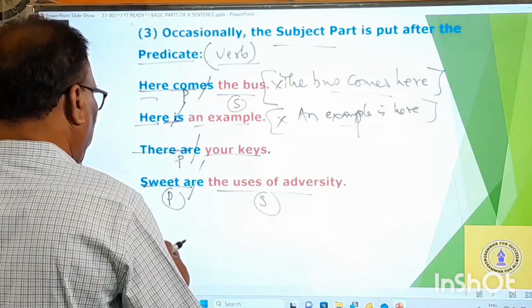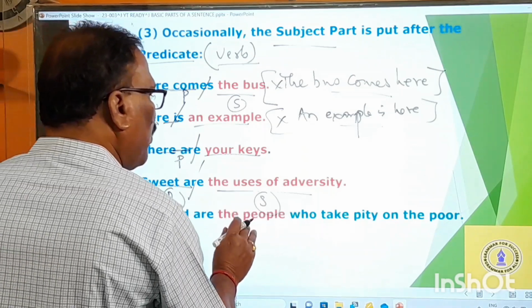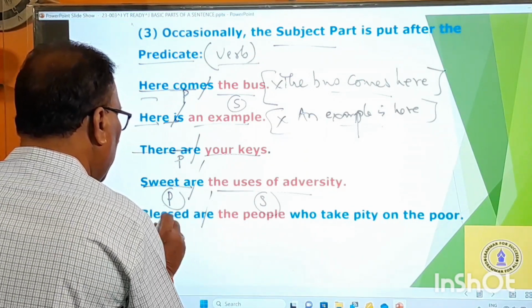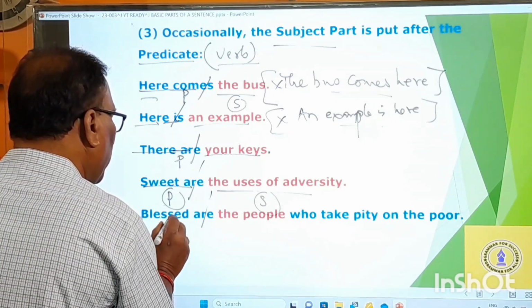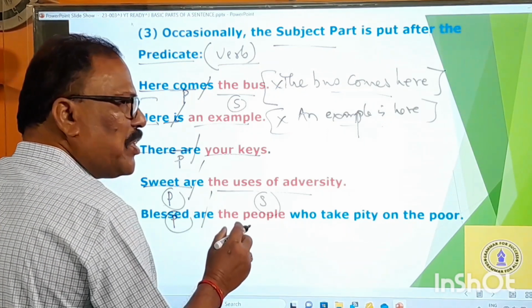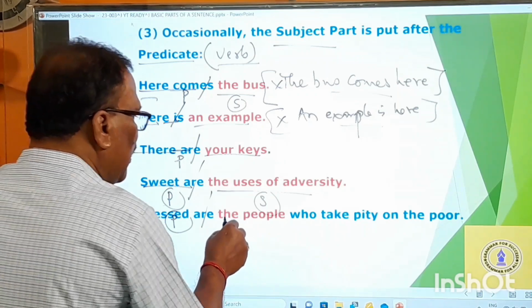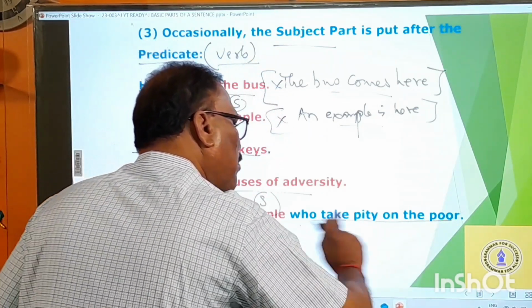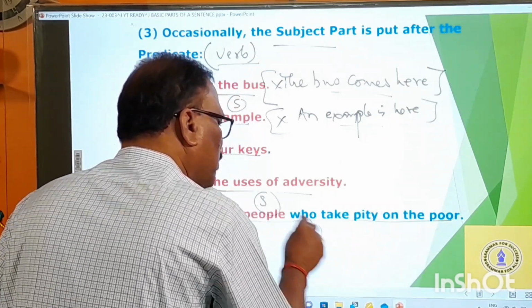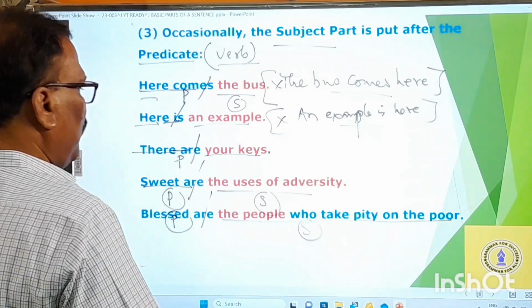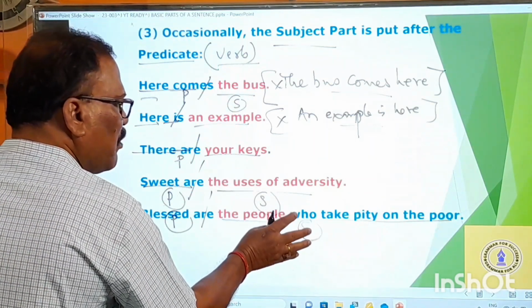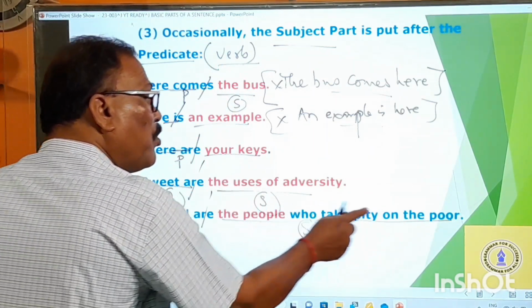And one more, blessed are the people who take pity on the poor. So here, blessed are, the colored part, is the predicate part. Who are we talking about in this sentence? The people who take pity on the poor. So the complete part is called the subject part. We are talking about the people who take pity on the poor.